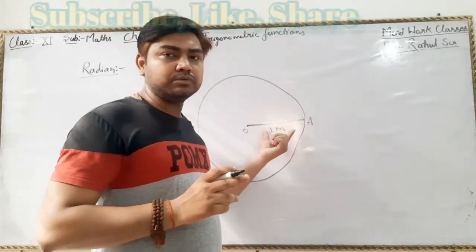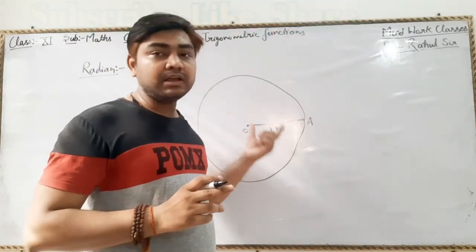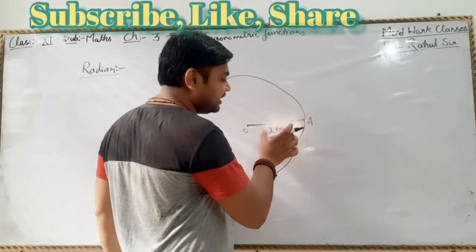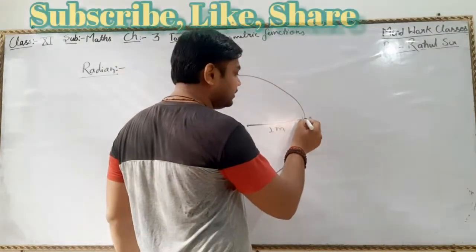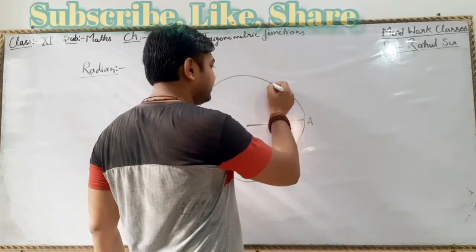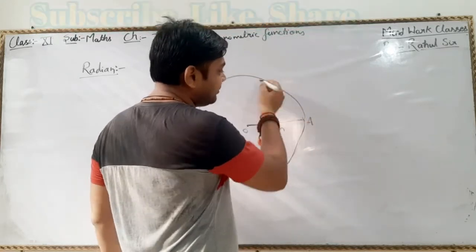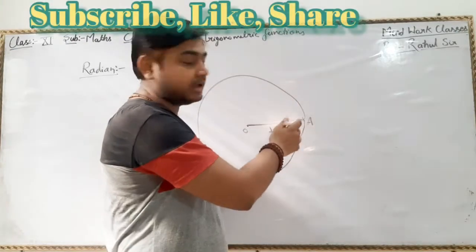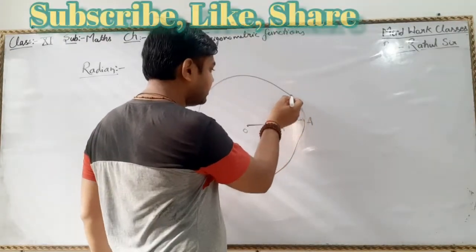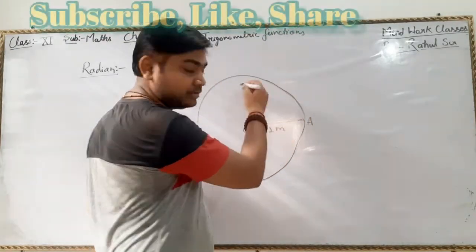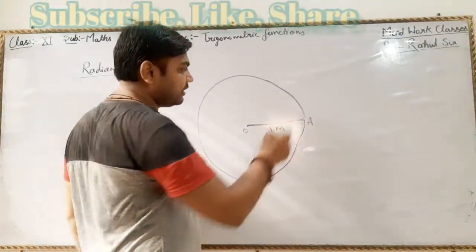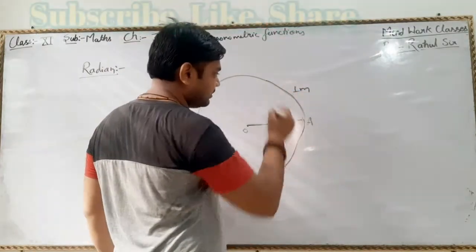Exactly equal to the radius. That means the radius is 1 meter, so we have to travel around 1 meter, in a curved path, not a straight line path. So how much do we travel? 1 meter again.